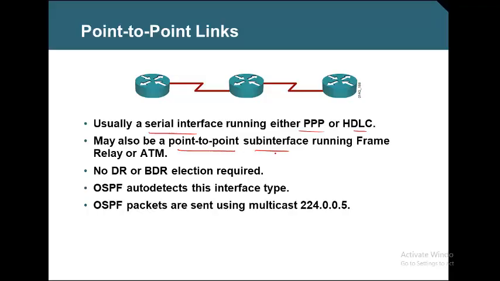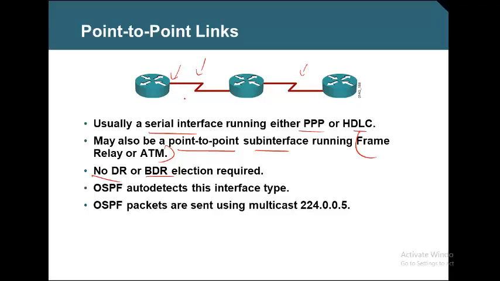We'll focus on non-broadcast later. Now I'm focusing only on the normal serial link. Will there be a DR/BDR? No. In serial, there is no need for DR/BDR. And you need not mention the network type as point-to-point. OSPF will automatically take it as point-to-point.